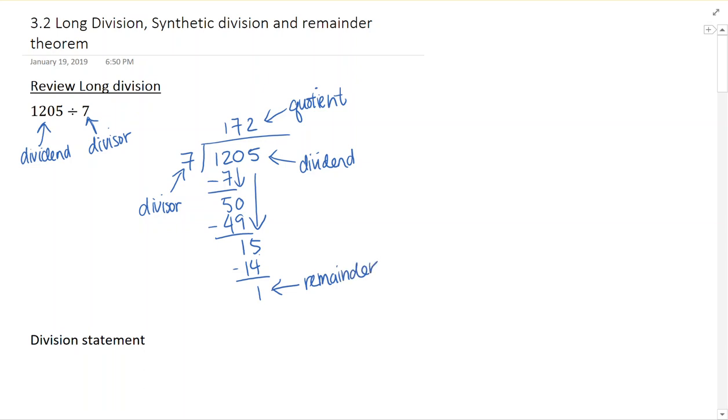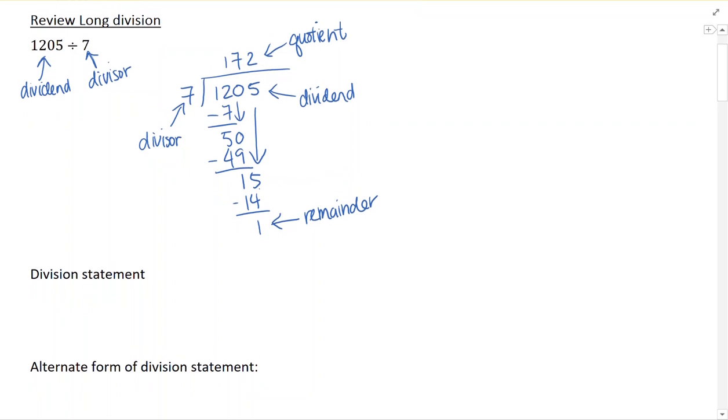So when you look at the relationship of these four parts, the dividend is equal to the divisor times the quotient, and then you add on the remainder.